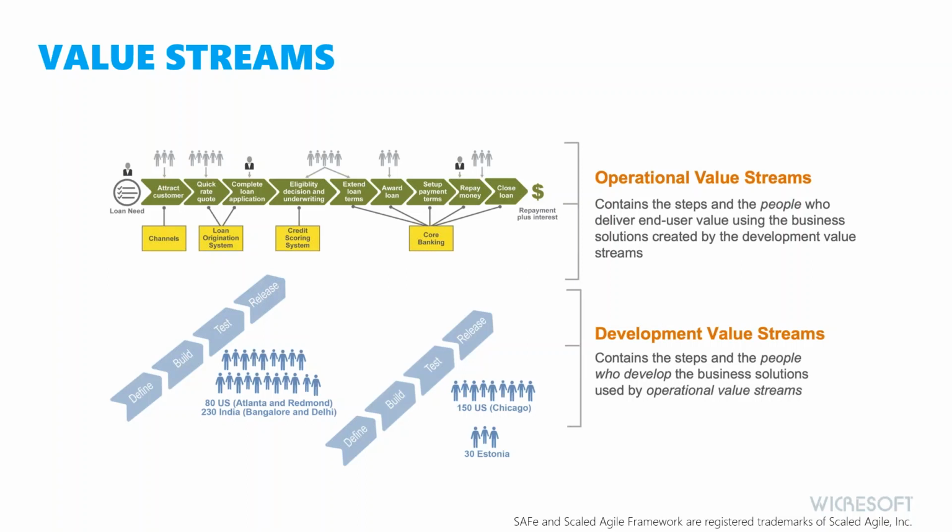And one thing that SAFe encourages us to do is to look at how we are organized today in terms of our business units and our big teams and our functional areas, and identify whether it would make sense to make some adjustments about what the value streams are in the organization, and not necessarily to change the HR structure, but to rethink the network of people and whether there's an opportunity to improve the customer experience and the flow of value by doing that.